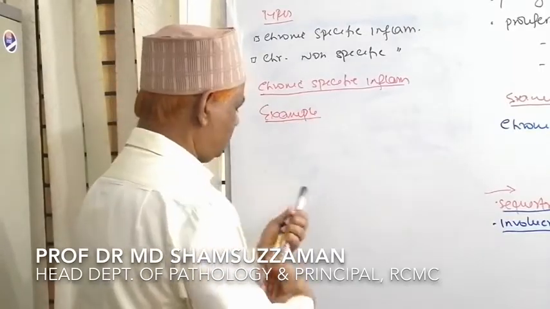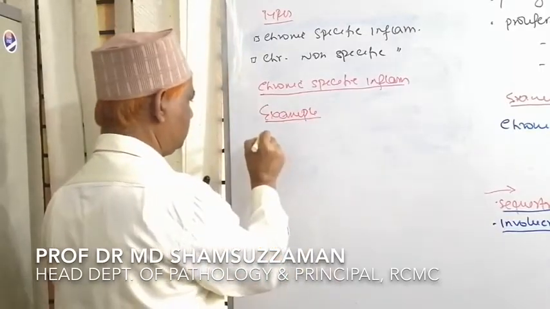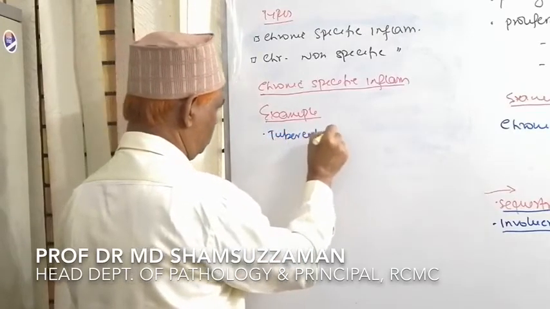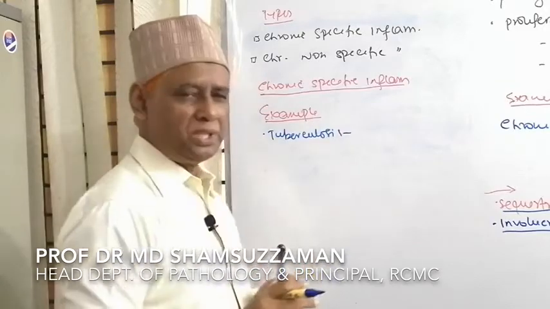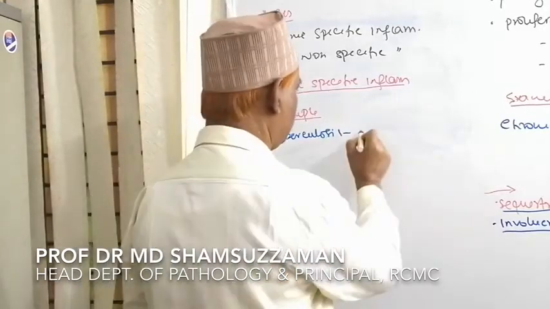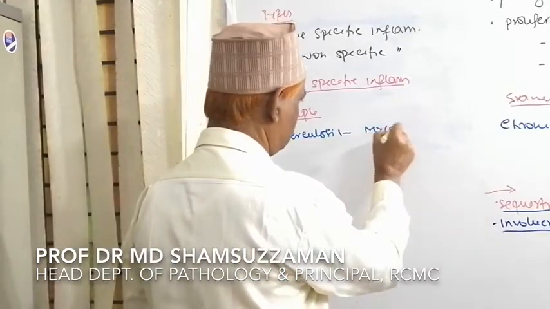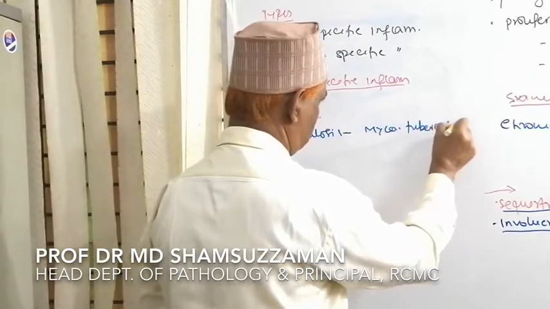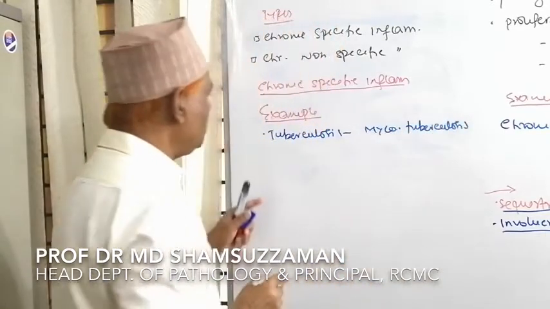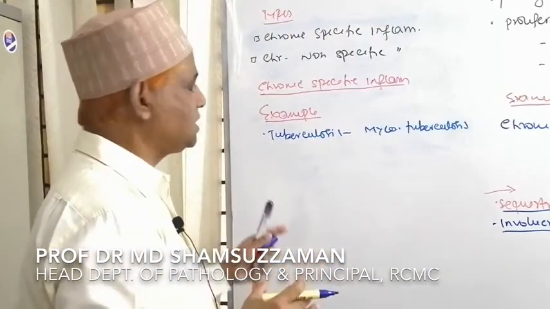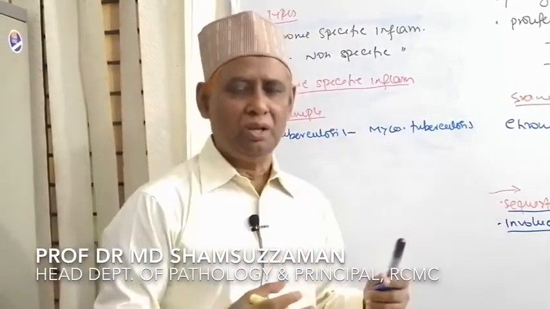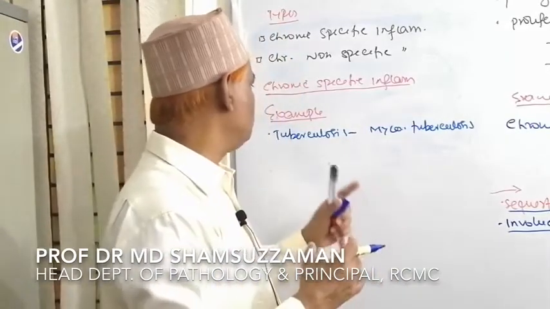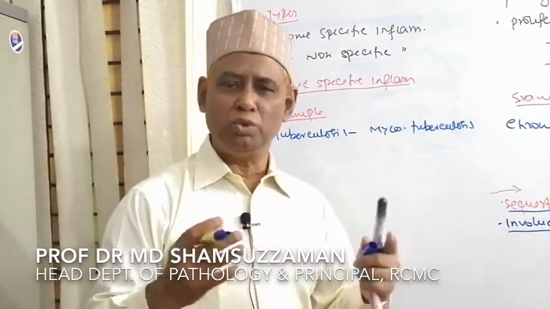Example like tuberculosis. You know, tuberculosis is caused by Mycobacterium tuberculosis. So if anybody suffers from tuberculosis, either pulmonary or extrapulmonary, whatever the site, at the site of tuberculosis we will get tissue changes.